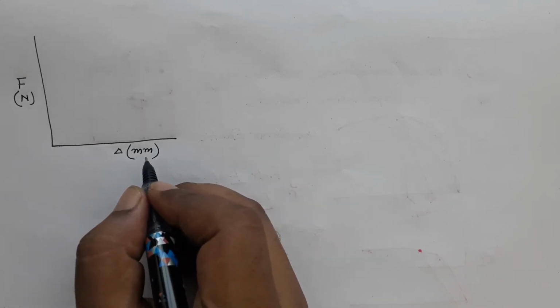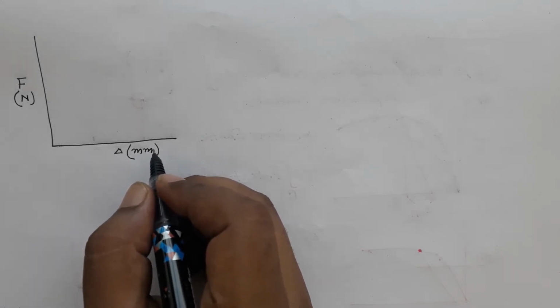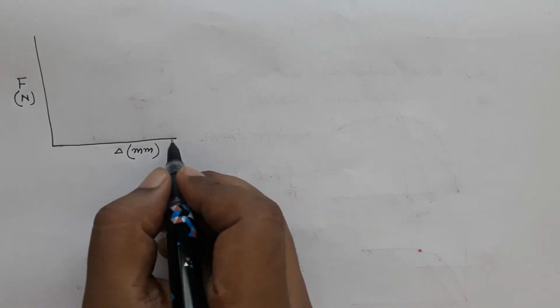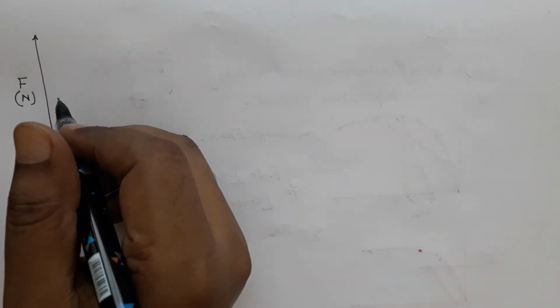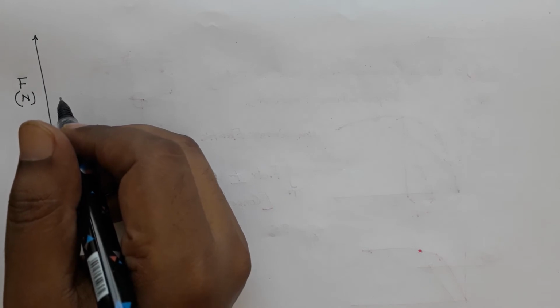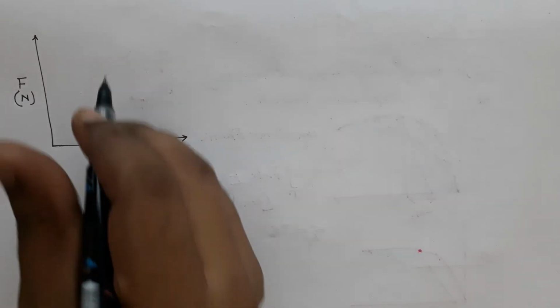We can get it in micrometers if we are working on a very miniature specimen, but we will never get it in meters unless we are doing the test for a very large specimen. But even then, displacement usually is in millimeter dimension.